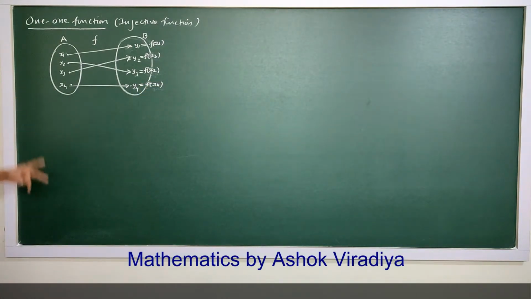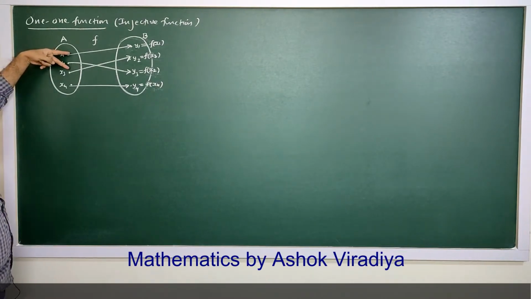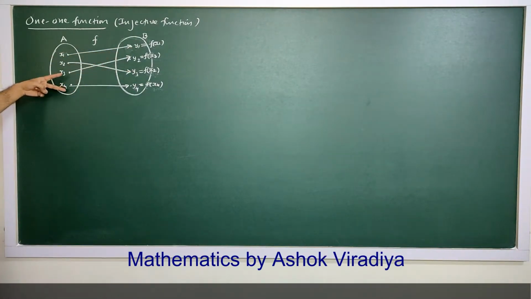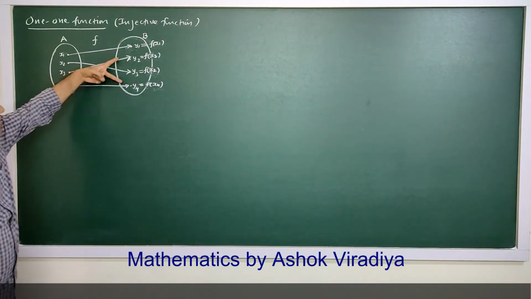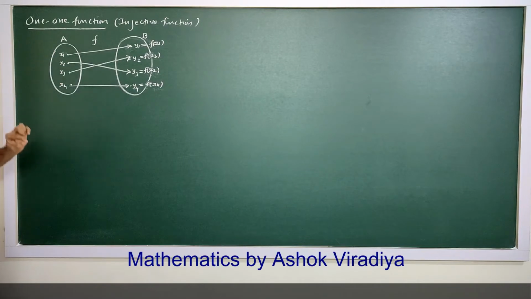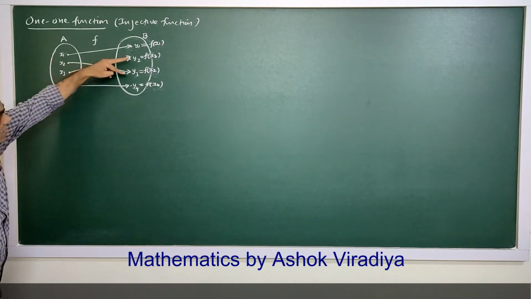See, observe in this domain, these are distinct and their images are distinct. Distinct input, distinct output. For every pair of distinct inputs from the domain, select any two distinct numbers and observe their images.